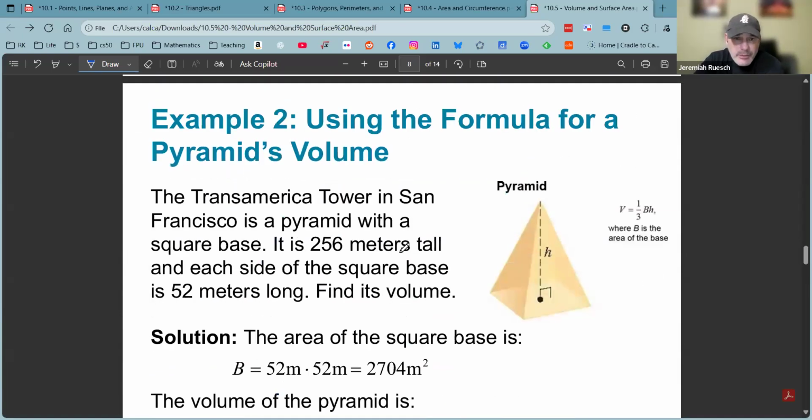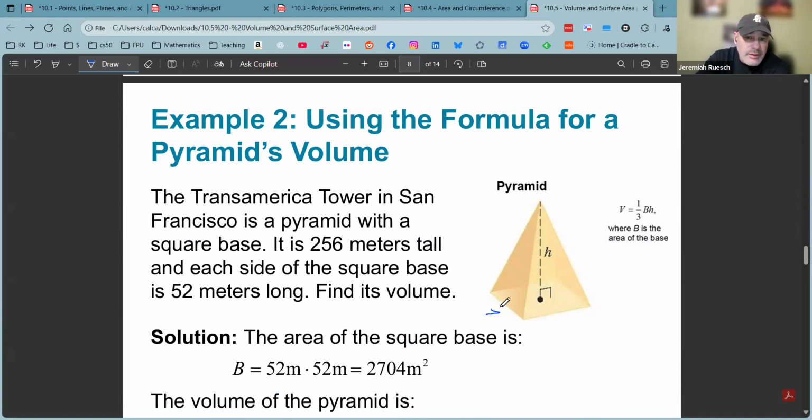All right, let's look at one more, using the formula for a pyramid's volume. The Transamerica building in San Francisco is a pyramid with a square base. It is 256 meters tall, and each side of the square base is 52 meters.